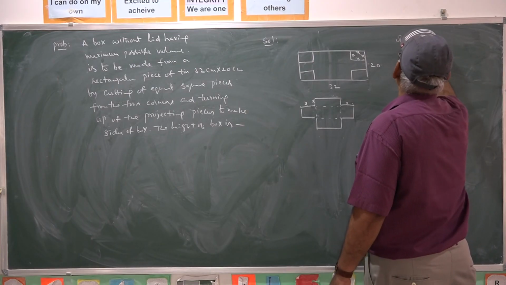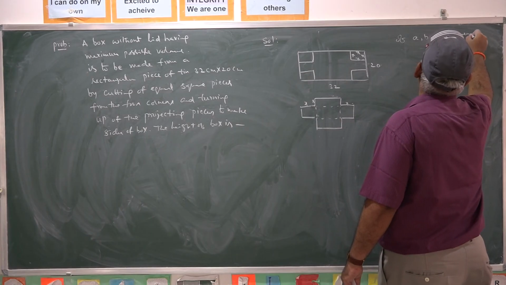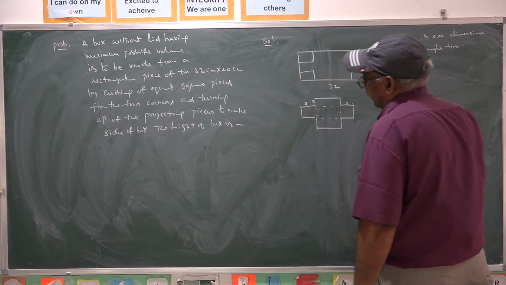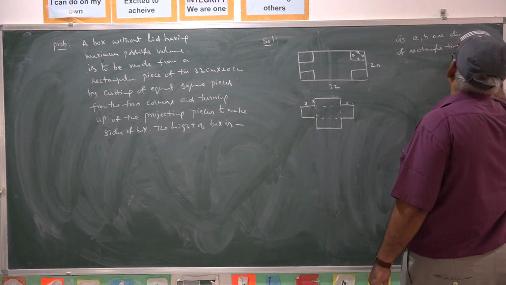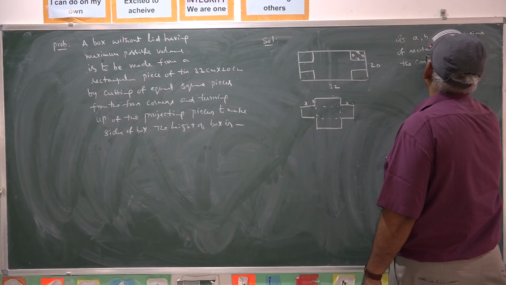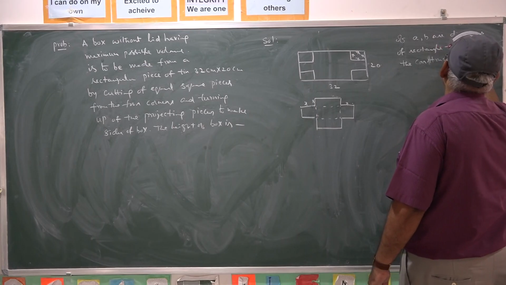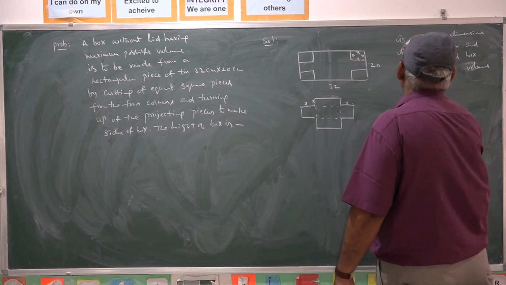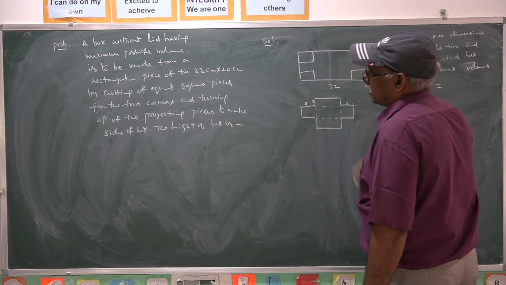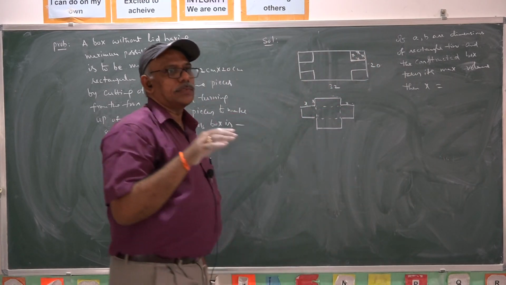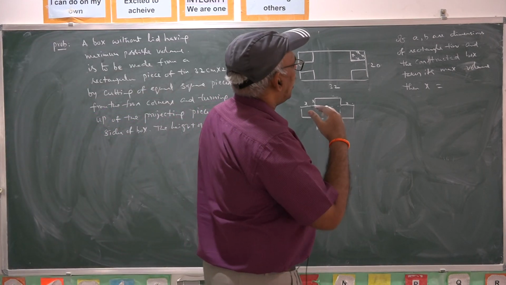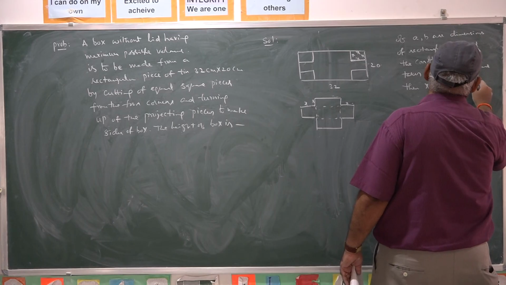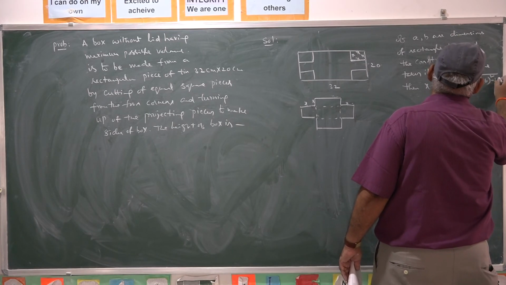So if a, b are the dimensions of the rectangular tin, and the constructed box takes its maximum volume, then x must be the length of the side of the small square piece cut off from the corner. x is given by (a plus b minus square root of (a plus b) whole square minus 3ab) by 6.